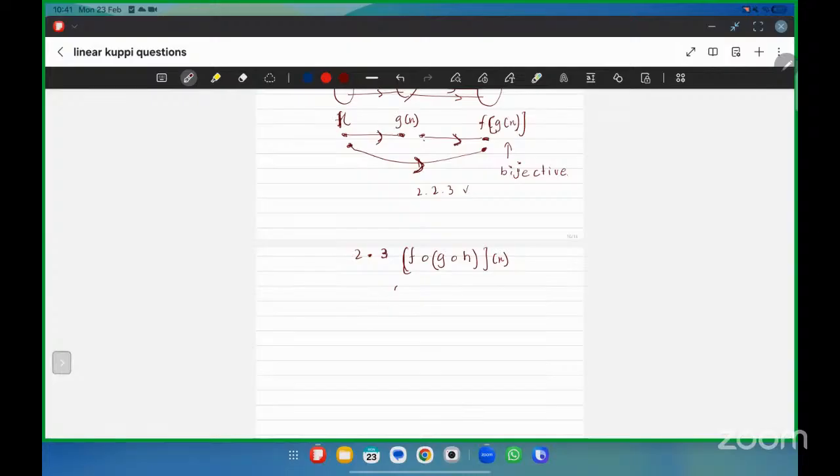So we have to get the final answer like f of g of h. If we get these results, we can tell that it is associative. So we will try to prove f of g of x.